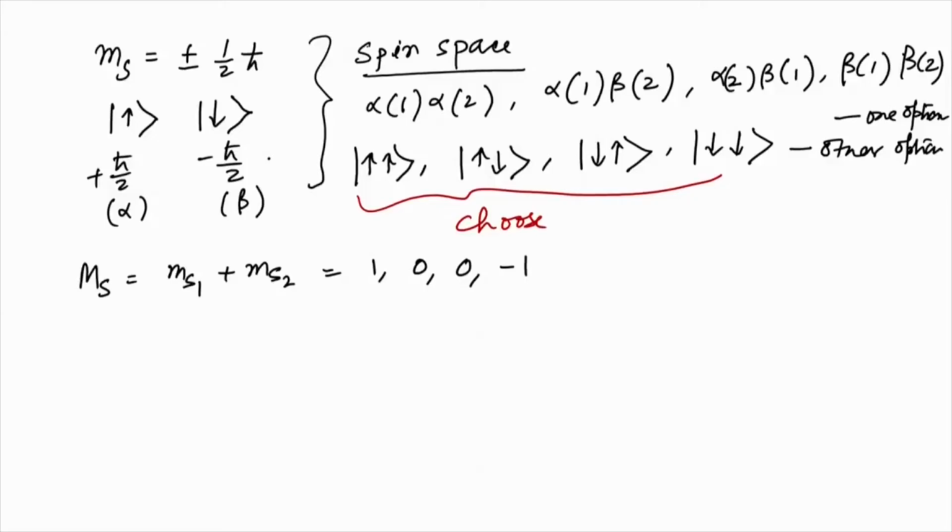And the total spin quantum number S, from S1 plus S2, can take values 0 and 1.